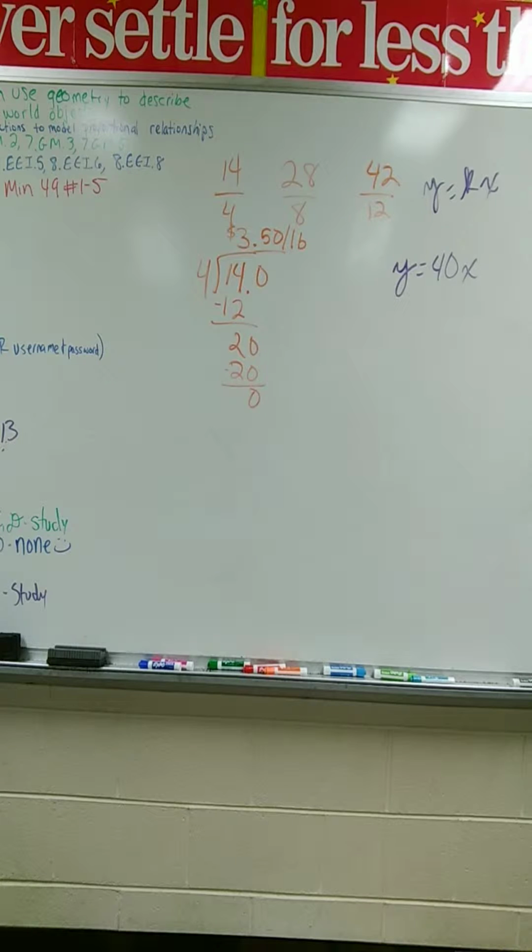Actually it's because the person who discovered it was German, and in German, that hard C sound is the letter K. So when we were looking at our constant of proportionality, we'd set things up as y equals kx.